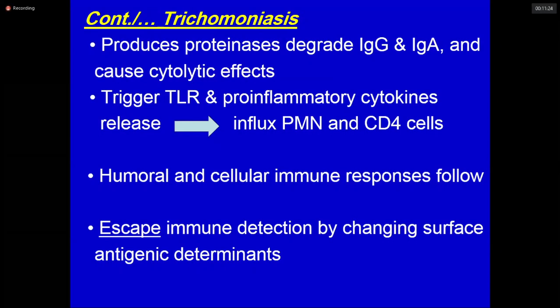Again, Trichomonas vaginalis produces enzymes called proteinases. They destroy immunoglobulins like IgG and IgA, which can protect the mucous membranes in particular in the genitourinary system, and cause a cytolytic effect.